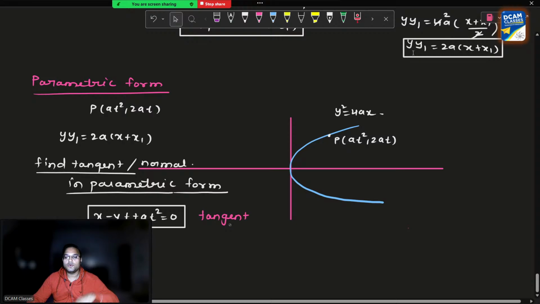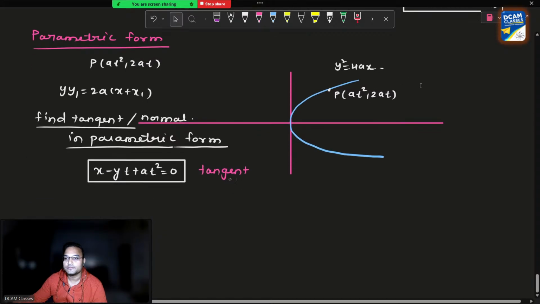Or if you go by the raw method, if you want to perform from the start, finding out the equation of tangent using dy by dx, that you can also do. There's no harm in it. But since we have already found out the equation of tangent, we can just put in the 2at and at square there, and then get the equation.